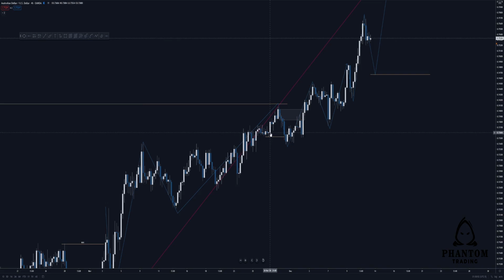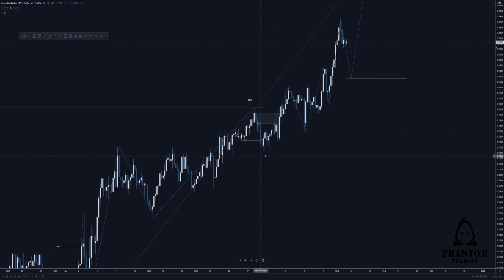Now, because we have this expectational order flow, right? We have a higher high here, and then we have a potential higher low here, right? In order for this expectation to fail, this needs to break the swing low, which is denoted by this level here, potentially even this, right?